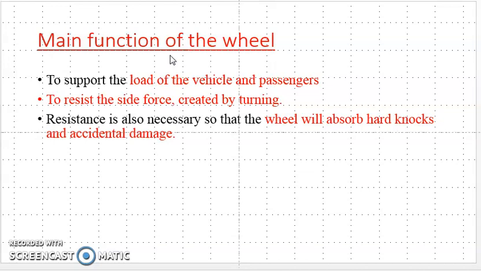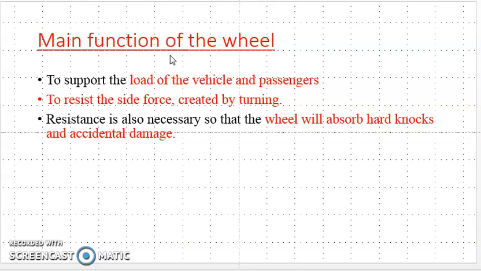The main purpose of the wheel is to support the load of the vehicle and passengers, and also to resist the side force created by turning. When the vehicle is turning, there is a resistive side force, and that resistance should be supported by these wheels.